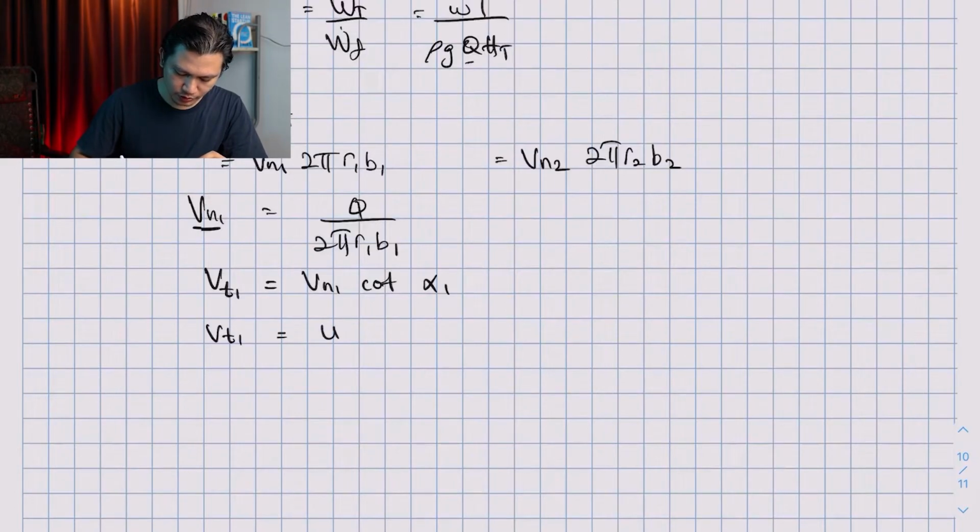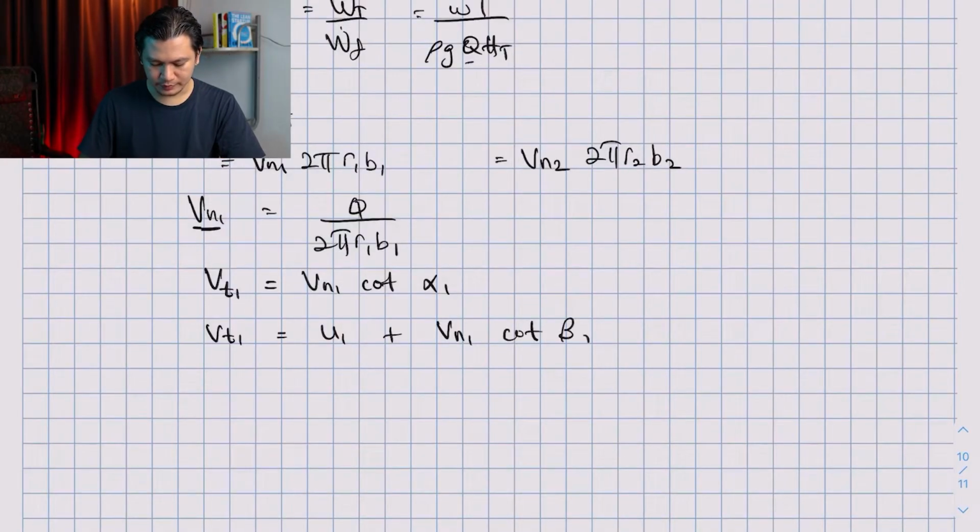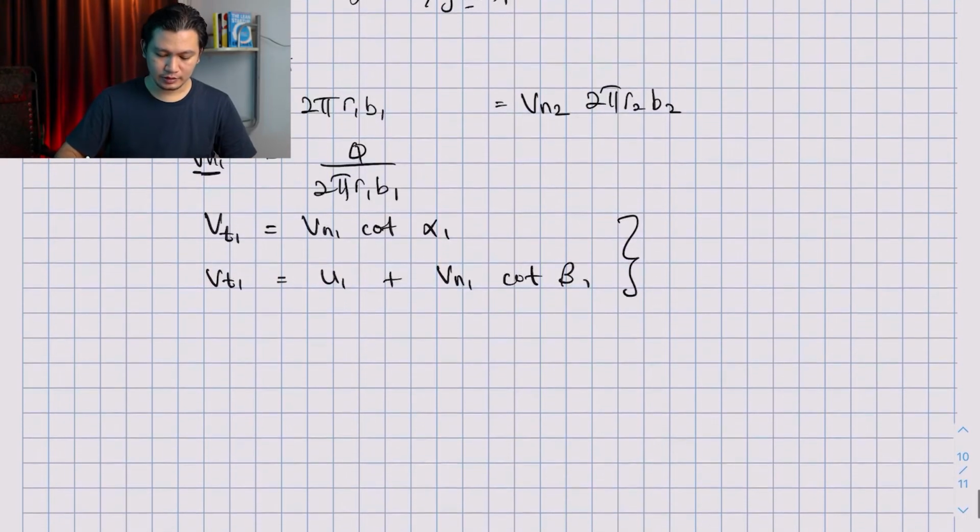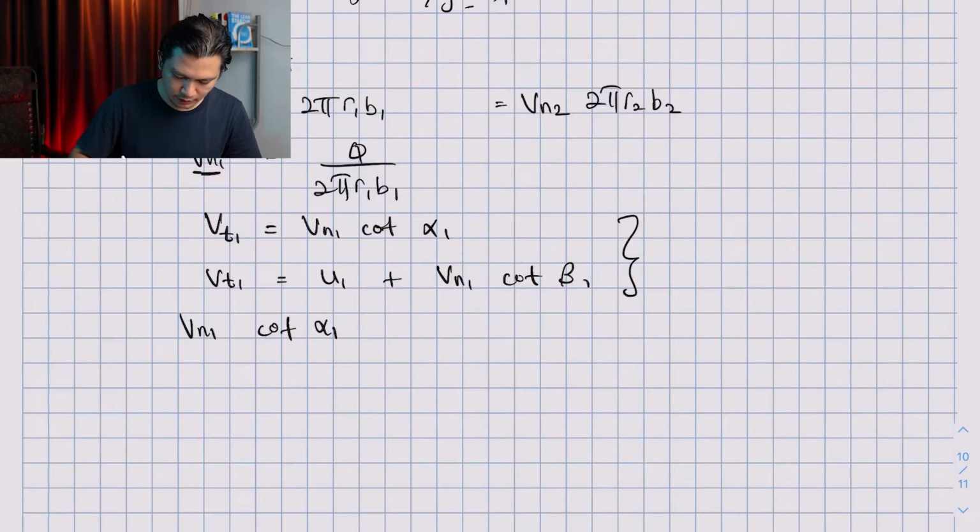Vt1 is also U1 plus Vn1 cotangent beta 1, right? And if I combine these two equations, I will have Vn1 cotangent alpha 1 equal to U1 plus Vn1 cotangent beta 1.